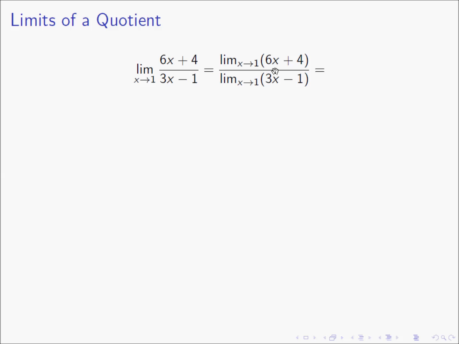And here we calculate the limit in the numerator. Here we have that 6x plus 4 will approach 6 times 1 plus 4, and 3x minus 1 will approach 3 times 1 minus 1, and that will be 10 over 2, that's 5. That's the answer.